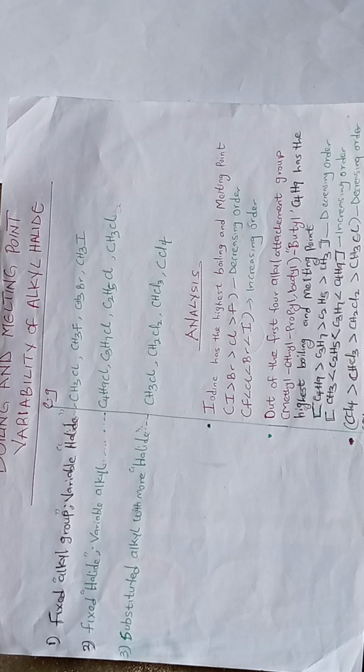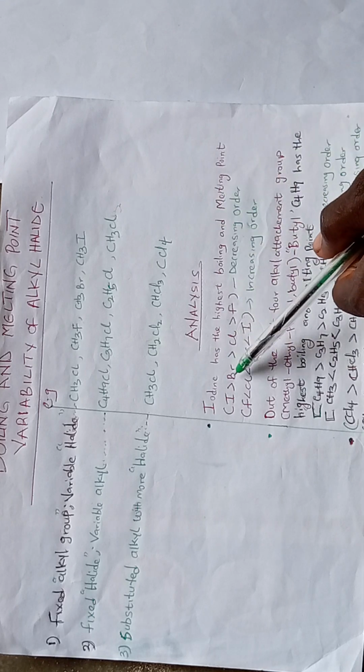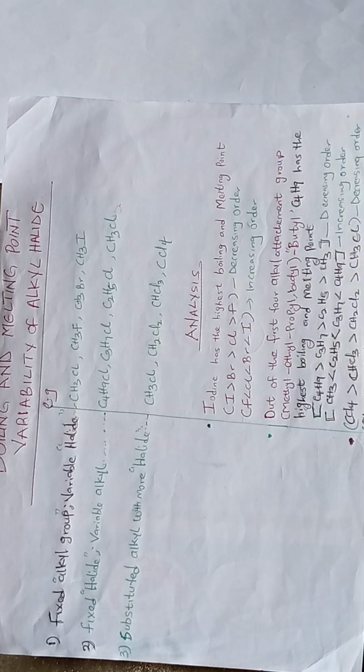So it has the highest, followed by bromine, followed by chlorine, and the one you can most easily boil or melt is fluorine. So in increasing order, you start from fluorine, fluorine less than chlorine. Increasing order uses the less than symbol, decreasing order uses the greater than symbol, as I've highlighted here.